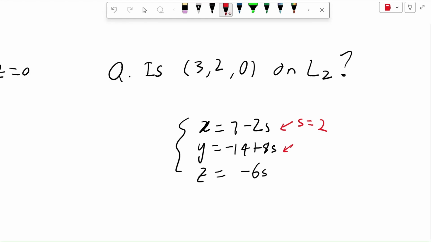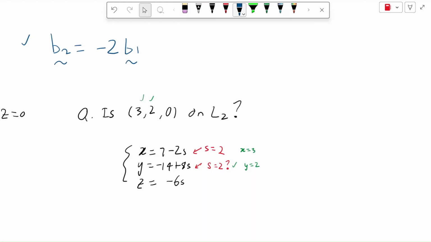For y, let's just try s equals 2 and see if it works, because s has to be the same value for this to work. Minus 14 plus 16 does give us 2, so yes, that does give us 2. So x is 3, y is 2, that's good news.